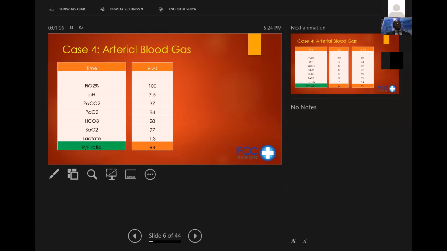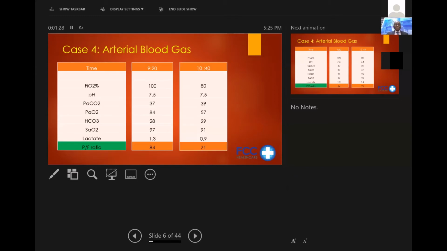His PaO2 could only go to 84, giving us a PF ratio of 84. As was mentioned earlier, whenever this ratio, the ratio of the PaO2 to the FiO2, falls below 150, that fulfills the definition of ARDS.